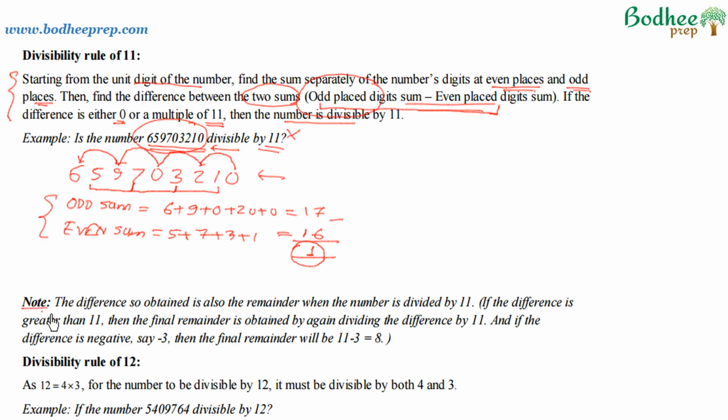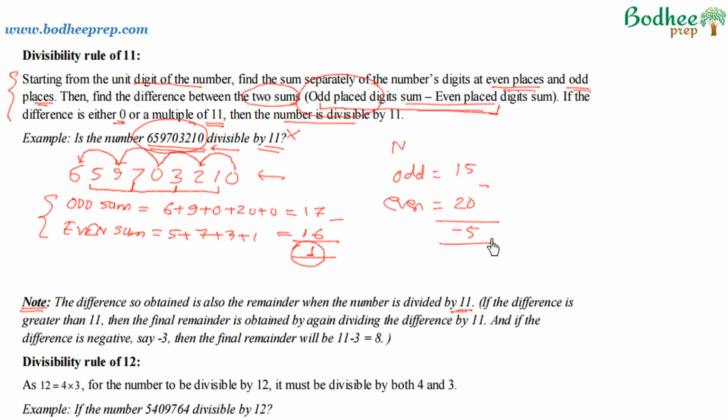That is what this note says: the difference obtained is also the remainder when divided by 11, provided we keep the order the same. At times you get a negative remainder also. For example, suppose the odd sum of some number is 15 and the even sum is 20. Then the difference you get is minus 5. Minus 5 is not a multiple of 11, hence the number will not be a multiple of 11.